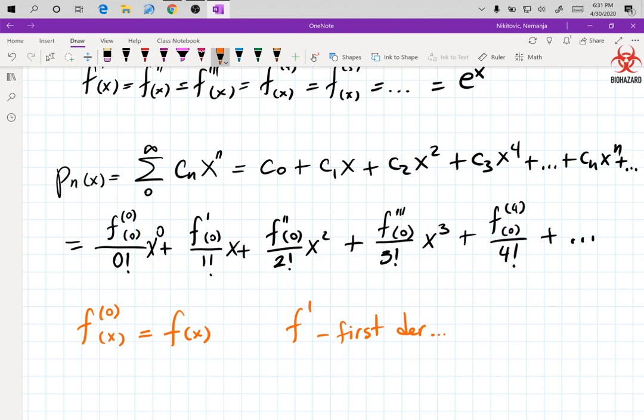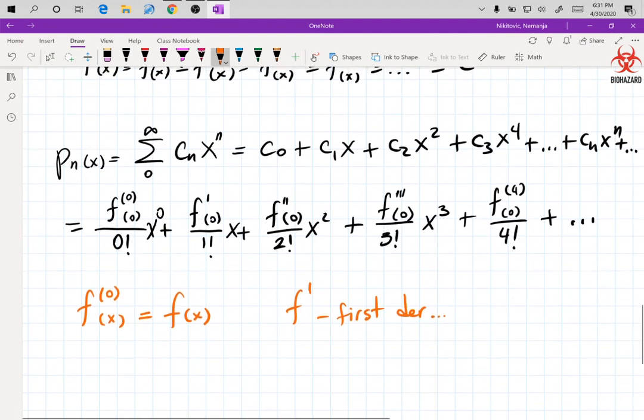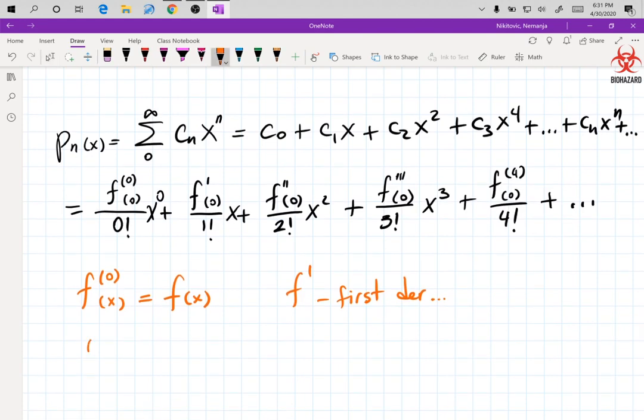Go look it up online. Math doesn't even scratch the surface with calculus, right? And also another thing to know is that 0 factorial is 1. That's something that is defined, and that's something that you should know.